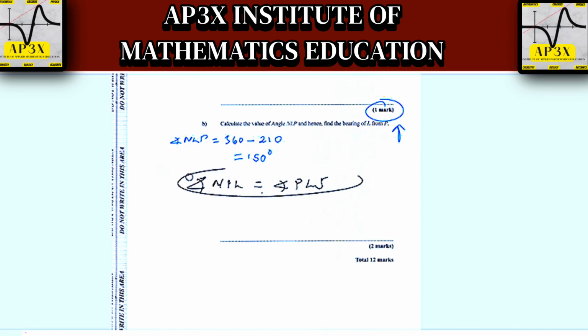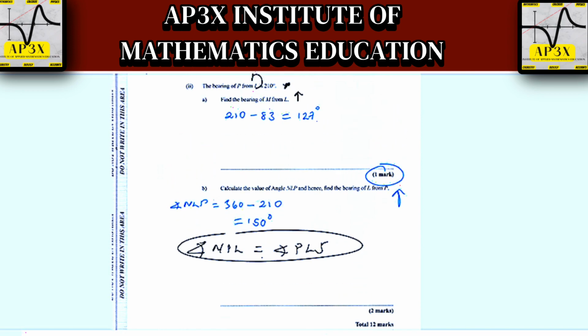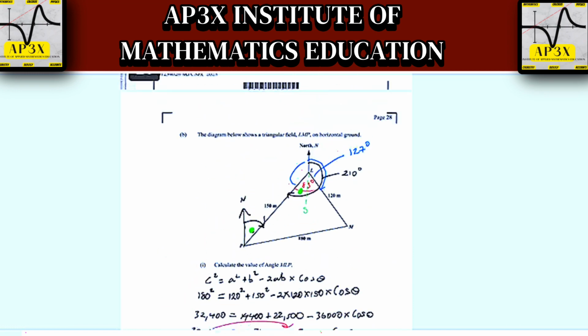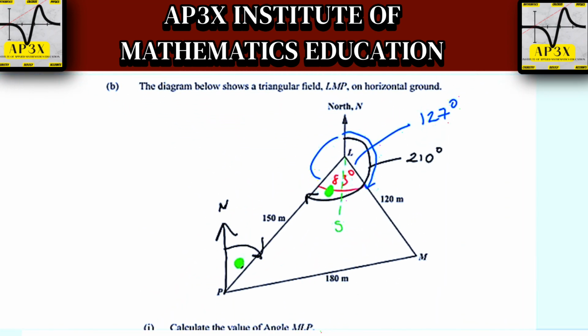This statement was made simply because I want us to recognize that these two green spots that I've identified, NPL and PLS, are alternate angles, so they are equal. So if I want to find NPL, all I have to do is find PLS and I'm good.